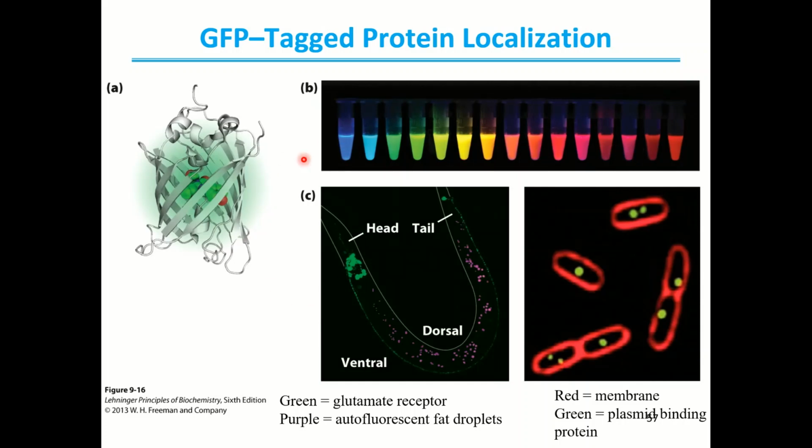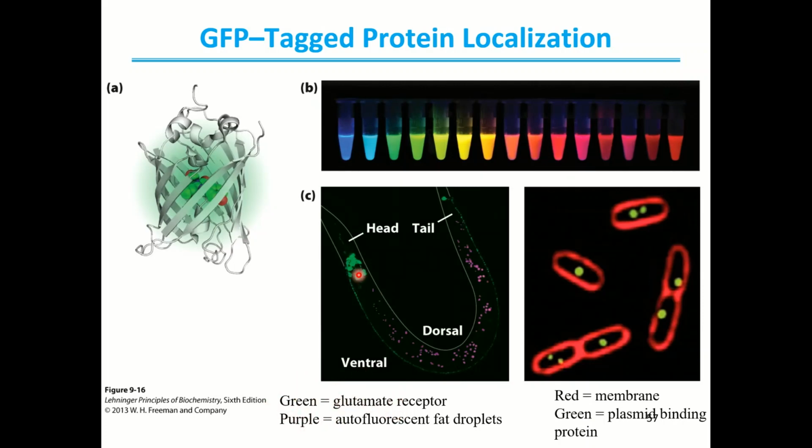What that helps is you can actually label more than one protein at the same time and be able to see multiple protein locations. Or if they are in the same location, you would see a mixture of those two colors. The examples are shown here.